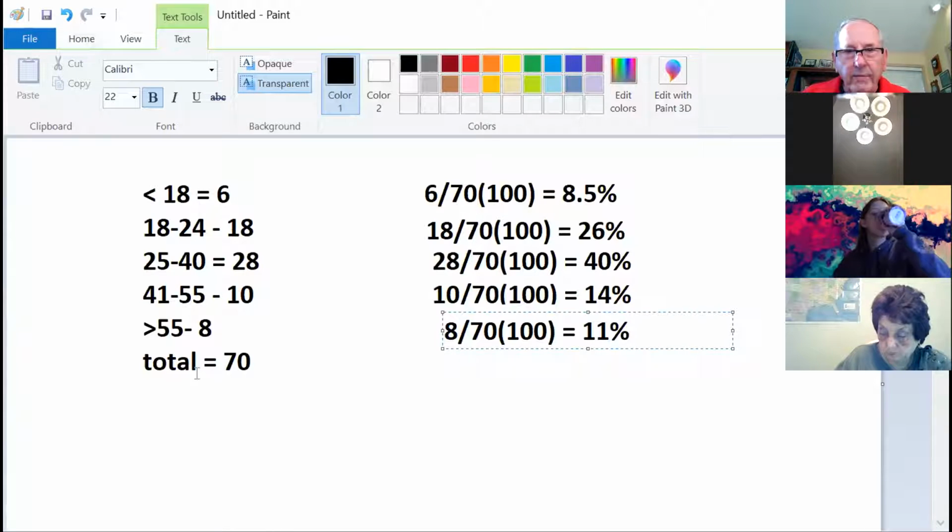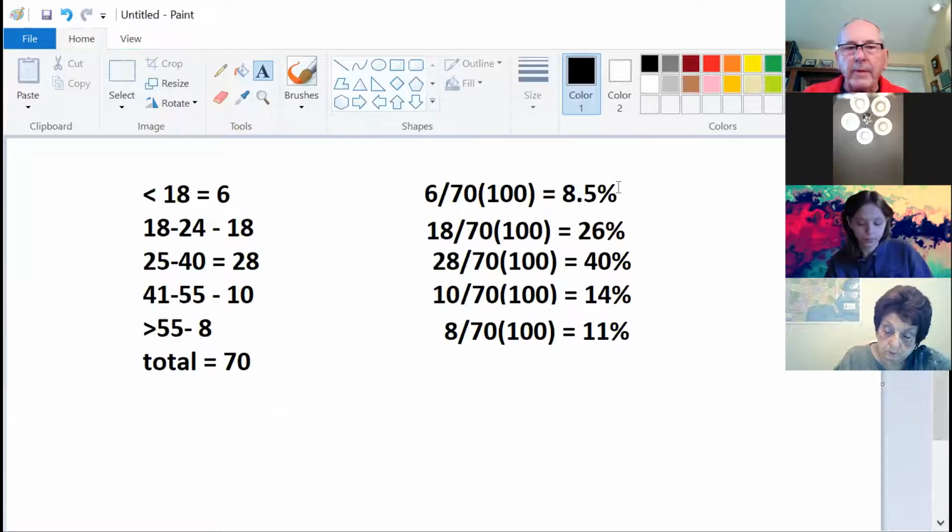So I'm going to have to round this, so that's 15. Somehow we have to end up with 100 here because I'm rounding, so I've sloppily rounded. Round that to 11, that's 15, that's 21, I guess.